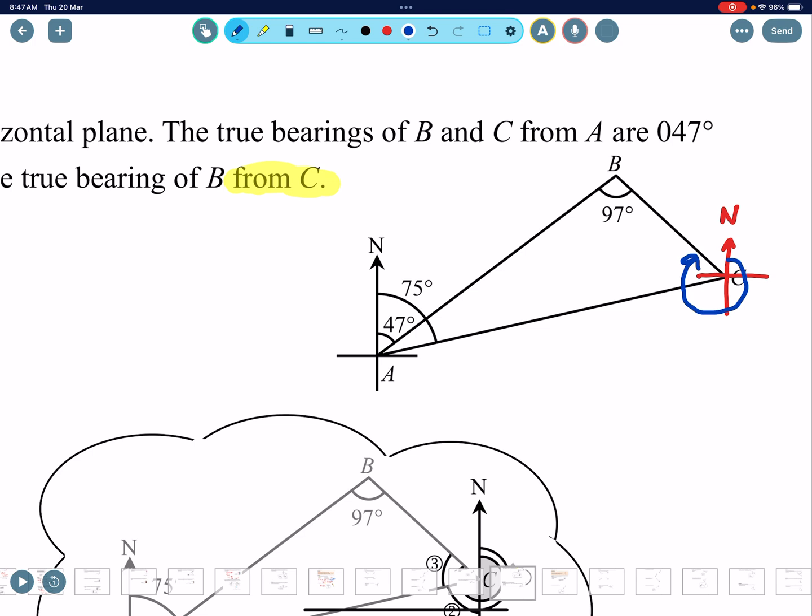Now this is gonna be a bit complicated. I'm gonna try to make north for B also. Now using this Z, 47 can be moved to here. This is 47. So 97 minus 47 is 50. This is 50, but I don't think we need that. Not sure.